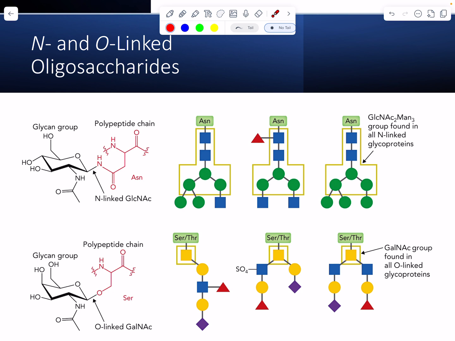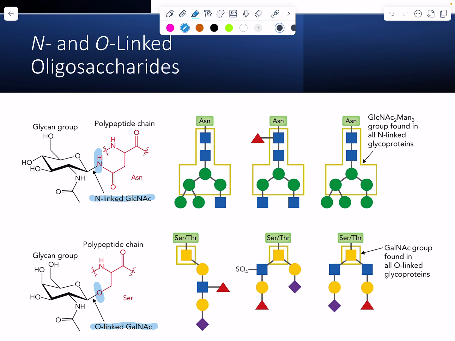That's the only difference. N-linked and O-linked just means what's the partner in your glycosidic bond when you're attaching a sugar to a non-sugar. Are you attaching to an amine, or to a hydroxyl? That's all that is.